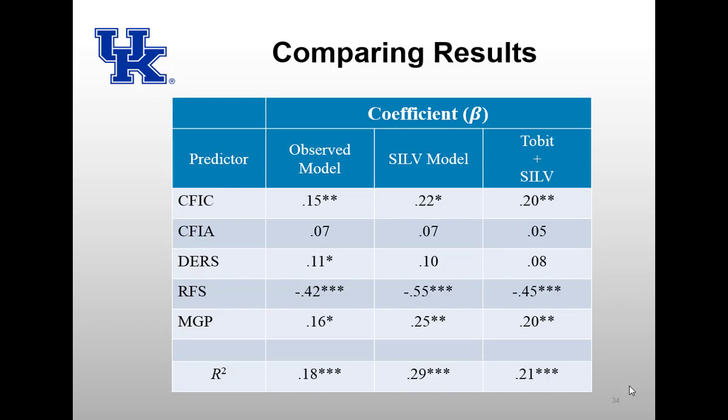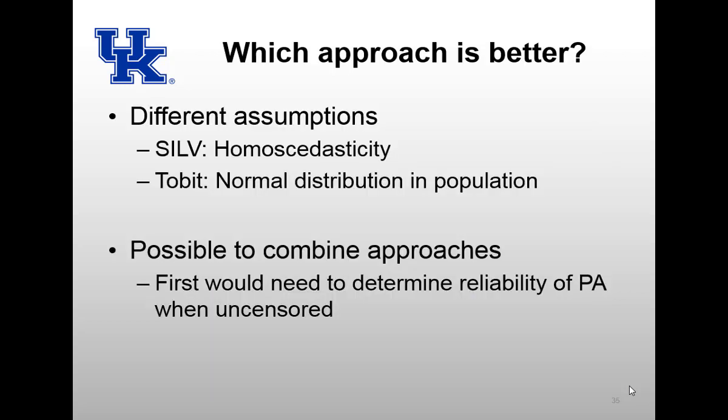But it can also be influenced by other things, like your sample being largely, in my case, parents of LGBT children that were very accepting. So there are lots of different things that can create a censoring effect that Tobit would be helpful to manage.